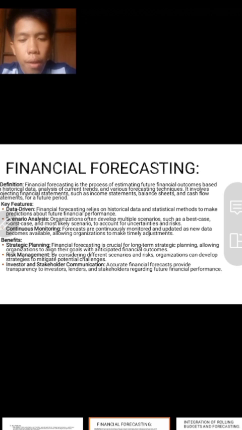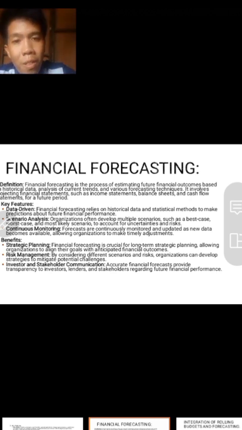So, investor and stakeholders communication is a multifaceted and ongoing process that requires careful planning and execution. It is integral to maintaining transparency, trust, and positive relationships with those who have an interest in or impact on a company's activities and performance.